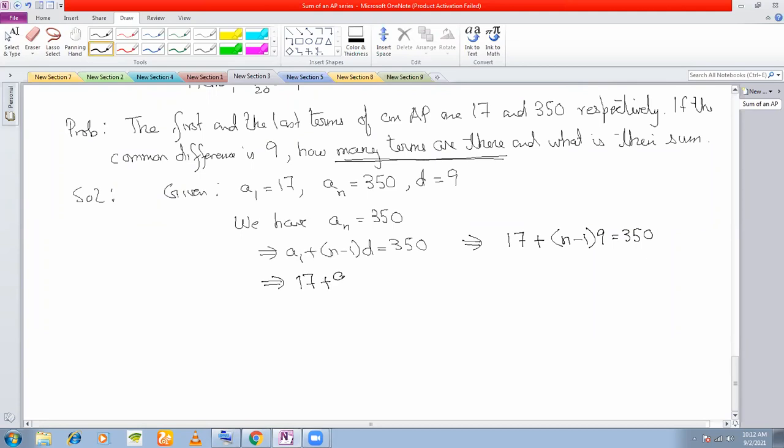17 plus 9N minus 9 is equal to 350. That means 9N, 17 minus 9 is 8, is equal to 350. That means you get 9N is equal to 350 minus 8. 9N is equal to 342.